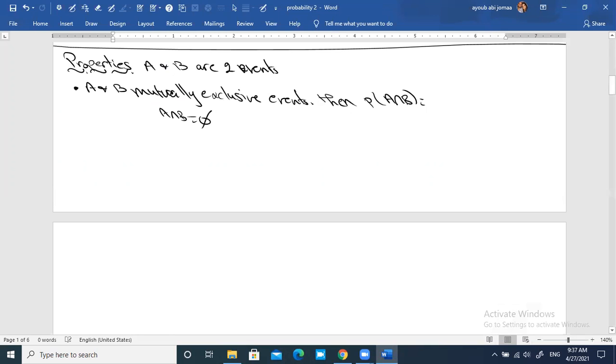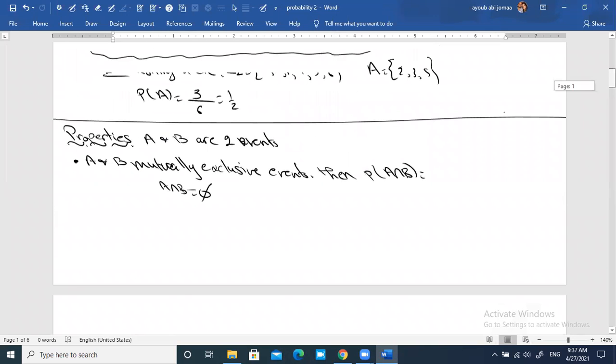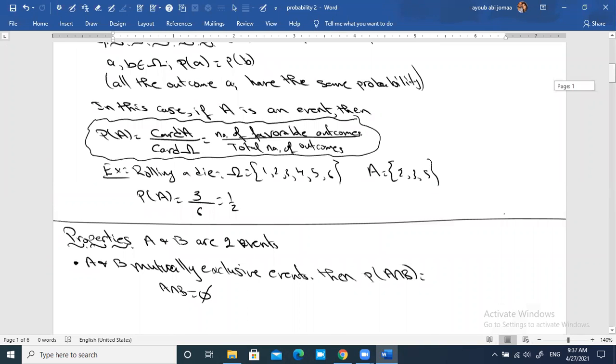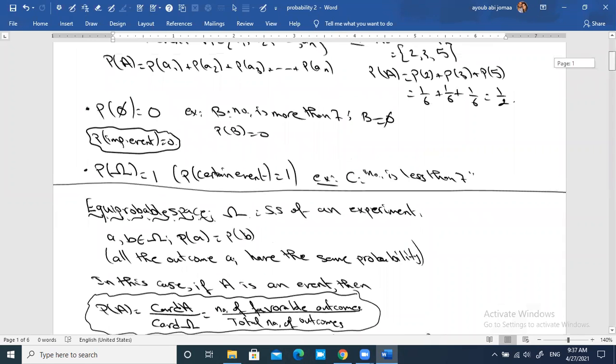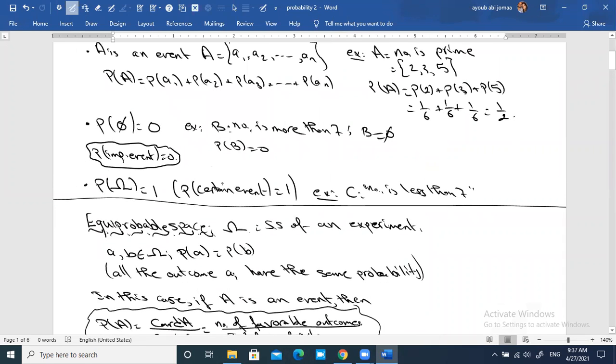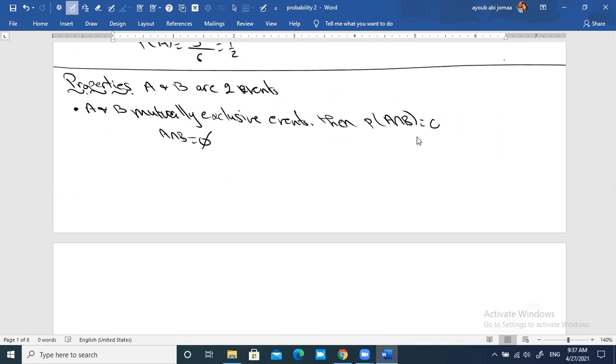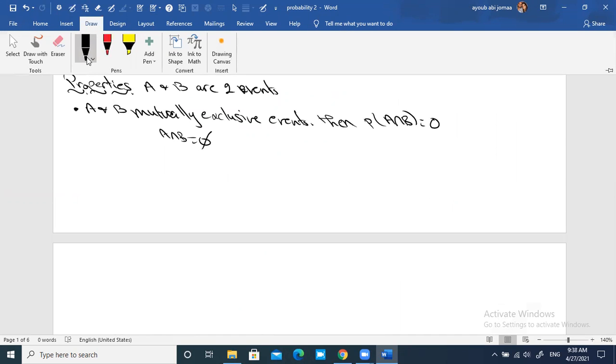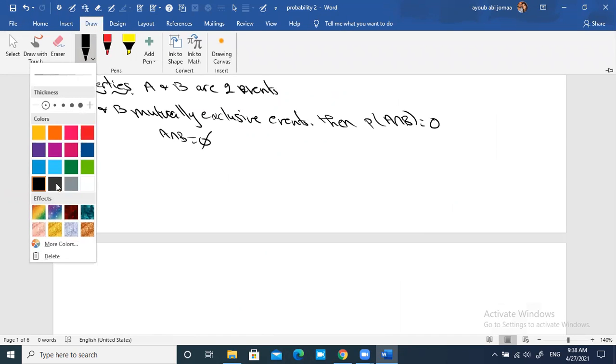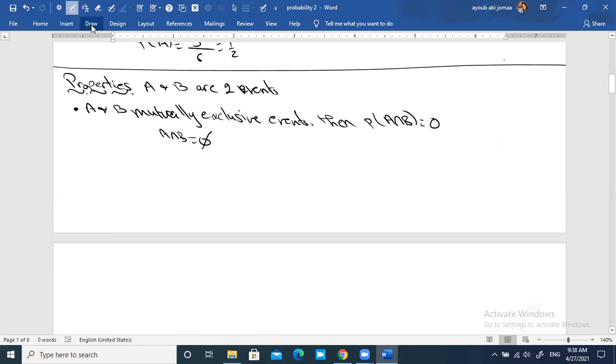And what is the probability of an empty set? What is the probability of the impossible event? 0. That's equal to 0. So the probability of mutually exclusive events is 0. Logically, how do they not occur at the same time?